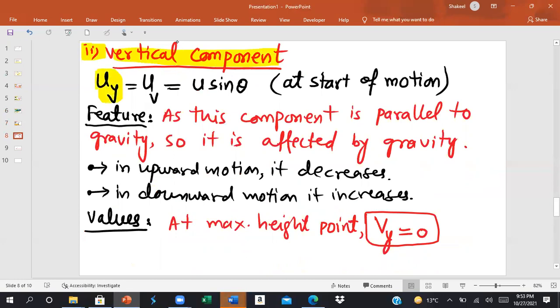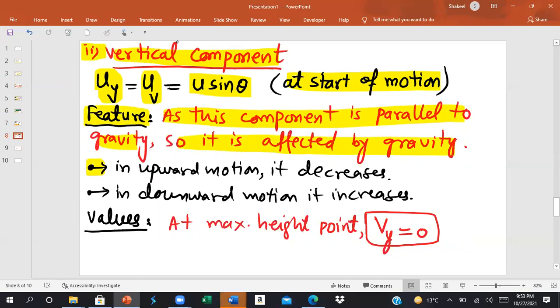It is denoted by uy or uv, and it is equal to u sine theta, and this is at the start of the motion. Now, what is its feature? As this component is parallel to gravity, it is affected by gravity. That is, in upward motion, it decreases, and in downward motion, it increases. And its value is minimum at the maximum height.